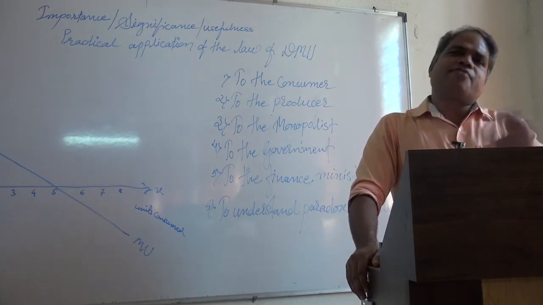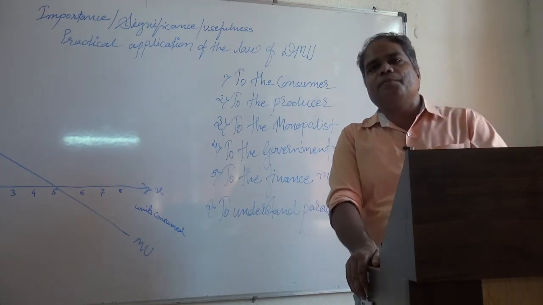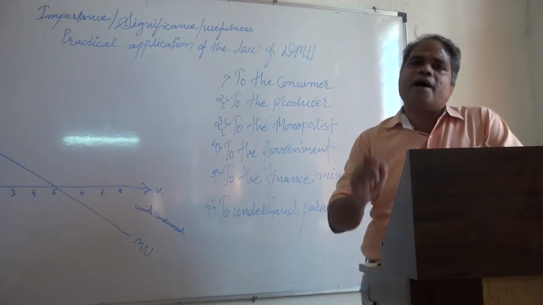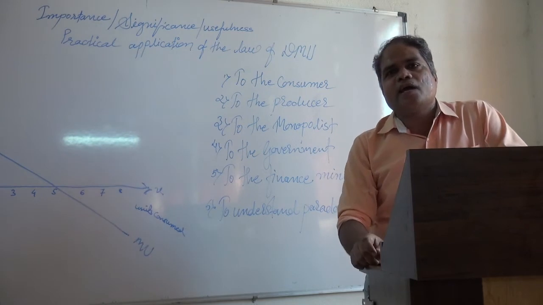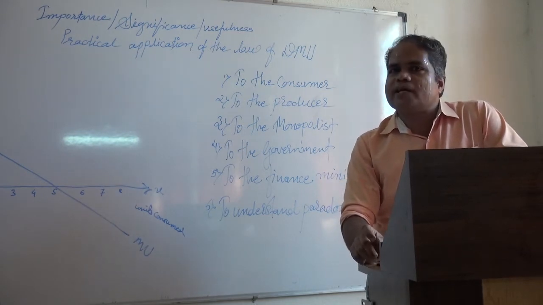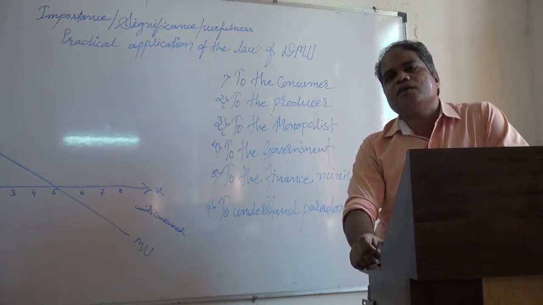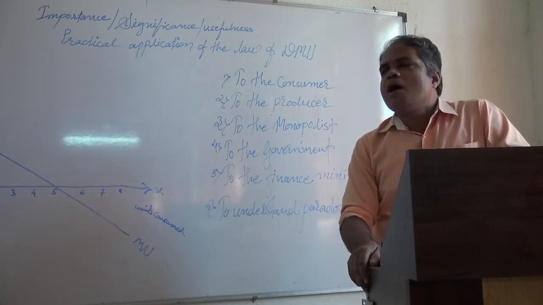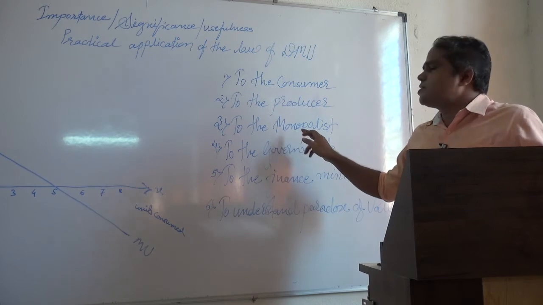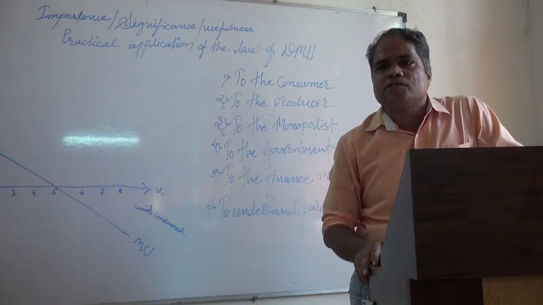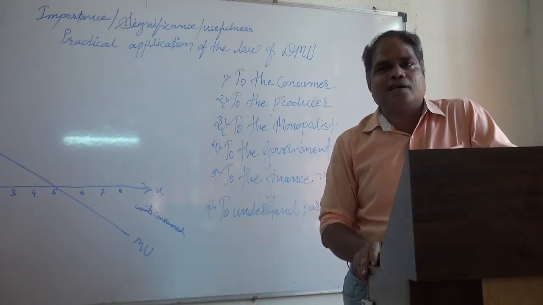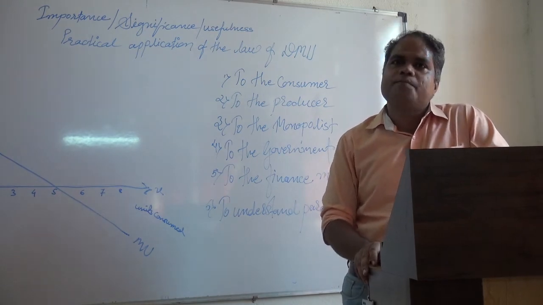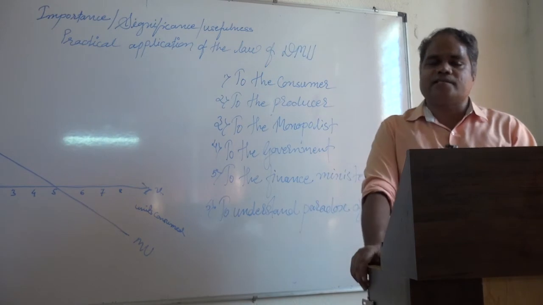He can charge different prices because, as per the explanation of the law of diminishing marginal utility, the marginal utility of money is low to the rich people and the marginal utility of money is high to the poor people, and therefore monopolists charge a high price to the rich people and a low price to the poor people for the same product, and that is known as price discrimination.